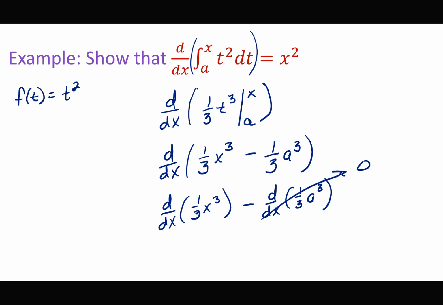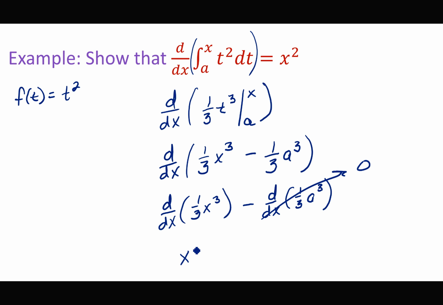So now my derivative with respect to x of my function 1/3 x cubed is going to be just x squared. So that's showing that the derivative of the integral from a to x of t squared dt is x squared.